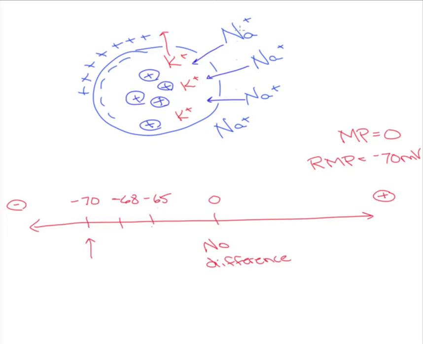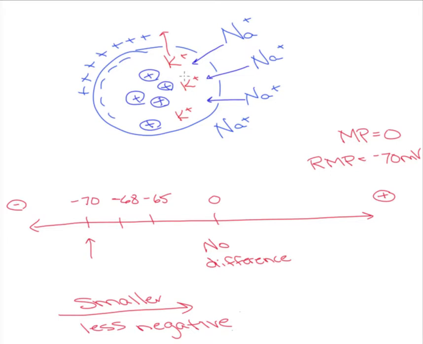Right? So the more sodium we add to this, the closer to 0 these two become. Because instead of maintaining this difference of positive to negative, we're making the inside less negative. So we're actually going to be making the membrane potential smaller. We're making it less negative.